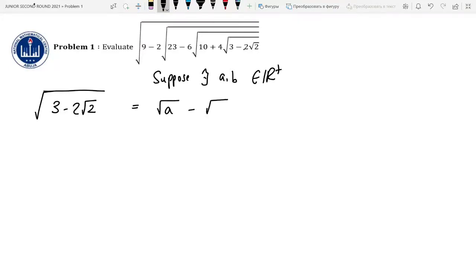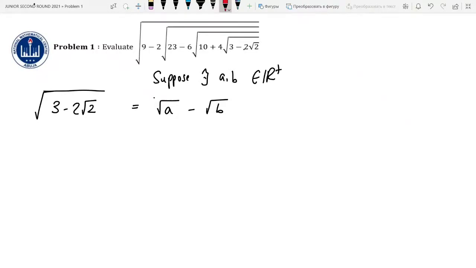We want to check if we can express the square root of 3 minus root 2 as the square root of a number minus the square root of another number. Notice how I'm saying it: if we can express it in this form. We can always find the square root of this, but the problem is that we may not know how to express it.